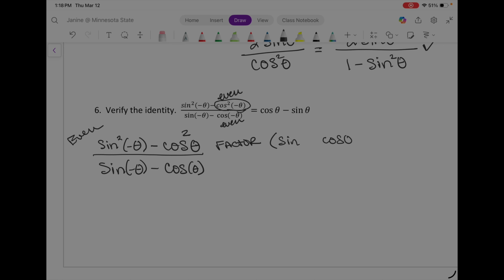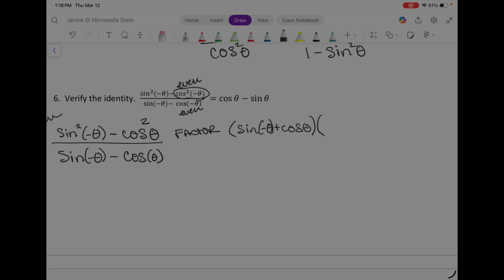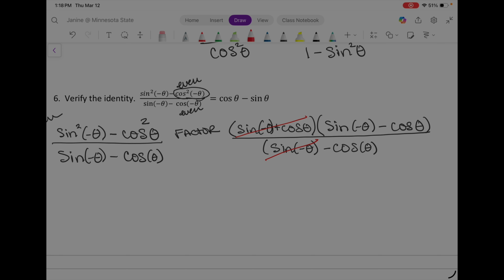It's not sine theta, it's sine negative theta plus cosine theta times sine negative theta minus cosine theta over the bottom, sine of negative theta minus cosine of theta. I am noticing that this one and this one are the same, okay?